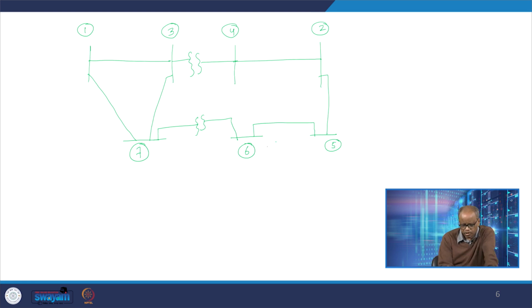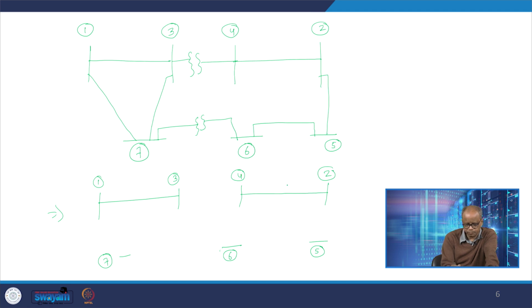Okay. Then what we will do is simply make a network like this: 1, 3, 4, 2, 7, 6, 5, and form the network just by removing all the transformers.